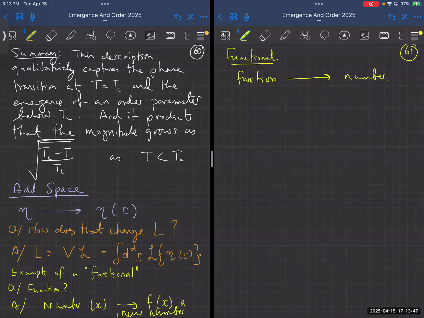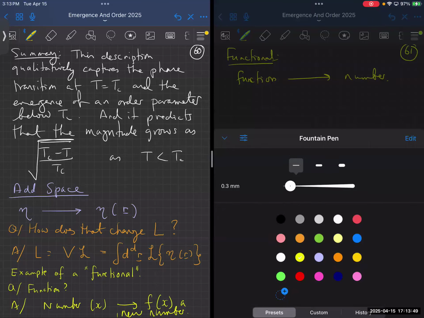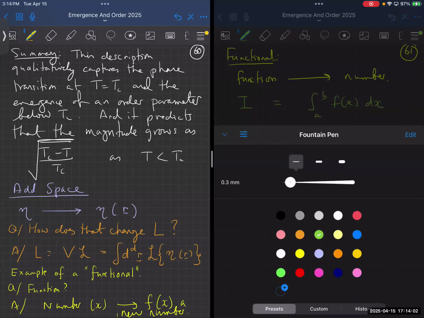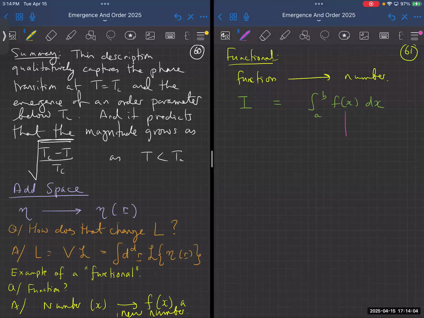Okay? So you're used to seeing functionals. You've seen them before. For example, here's the simplest one. I is the integral from a to b of f of x dx. Okay, this is a machine. You specify the function f of x, meaning the function at every point in space between a and b, and then what you get out is a number.